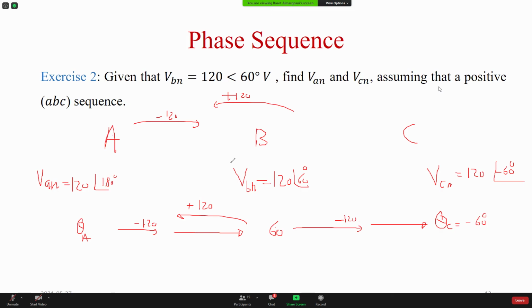If it's C, then it's A, C, B. If it's B, then it's A, B, C. Two options you have. Every phase to the next phase, there is 120 degrees. A, then the one after it, minus 120 degrees. Then the one after that, minus another 120 degrees.